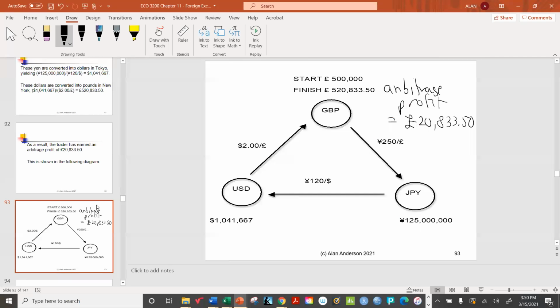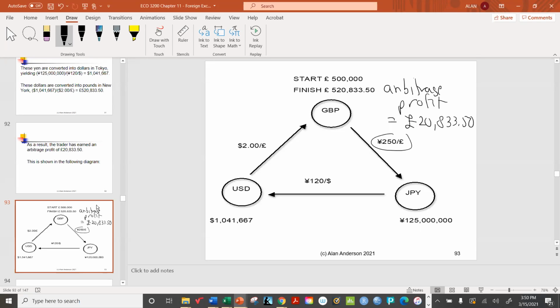As long as this bad quote stays in place, it doesn't matter where I start, but it does matter what direction I go. So if you notice, the British trader is also going around in this direction. You can't switch that. The starting point is irrelevant, but the direction does matter a great deal.